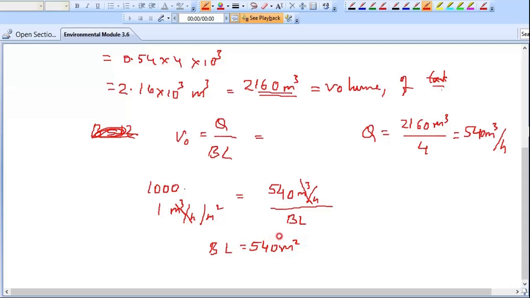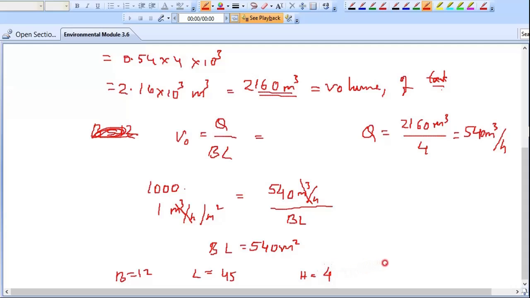Now you can assume B equal to 12 meter. Then find L equal to 540 divided by 12, 45. L equal to 45. Then you know the volume, then you can find out H. H equal to 2160 divided by 12 into 45. That is 4 meter.